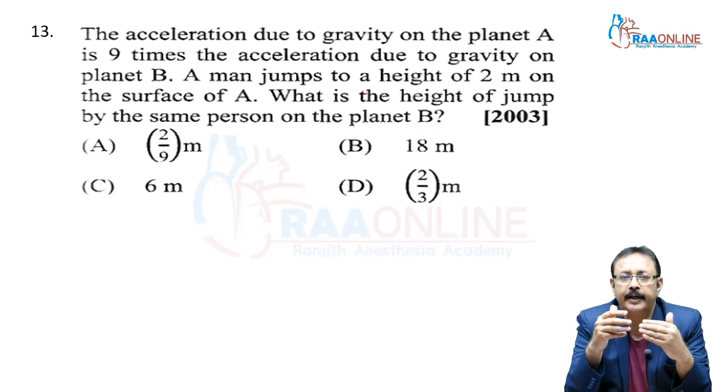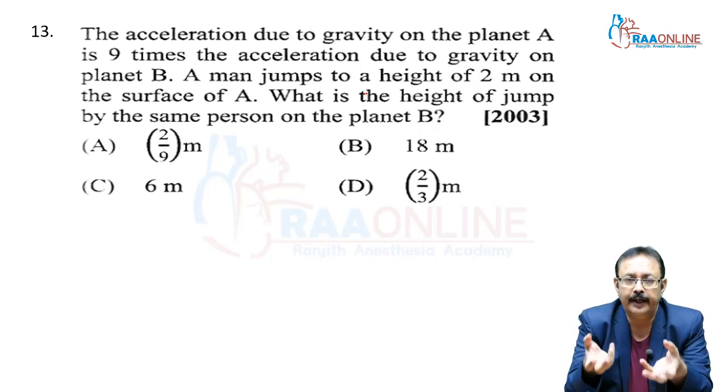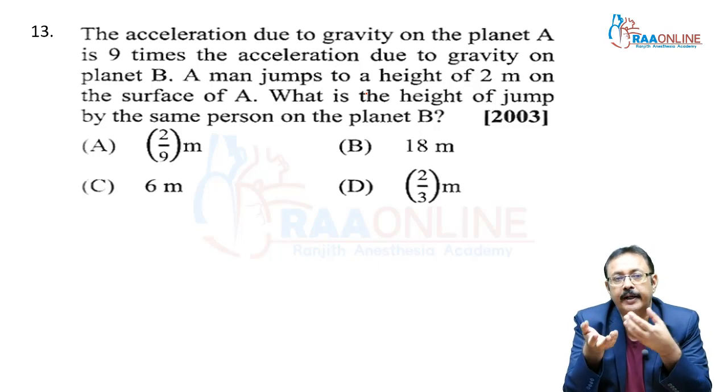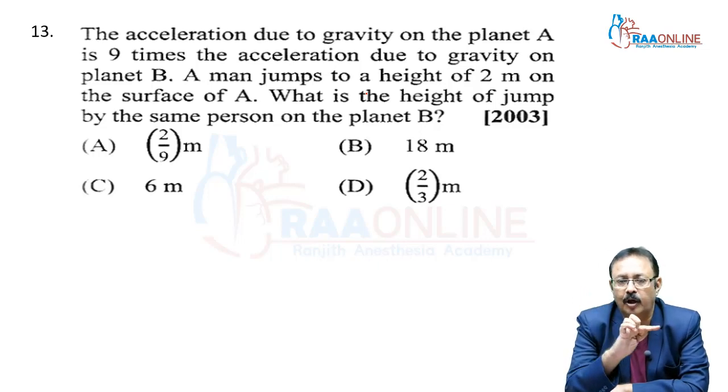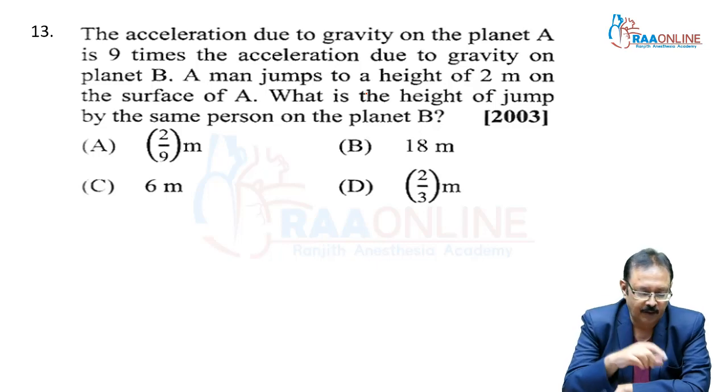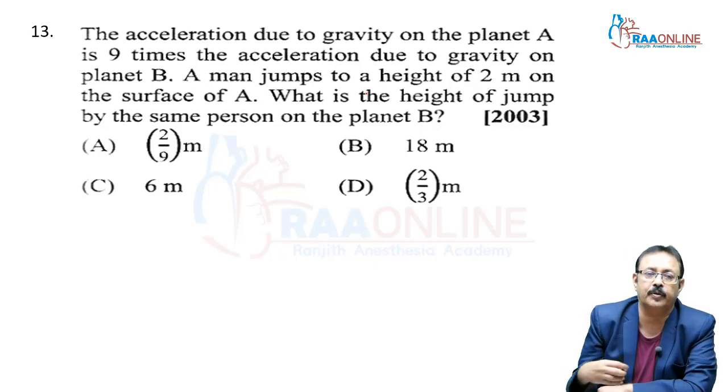You are converting your internal biochemical energy, which you got from the food, into potential energy. Suppose you jumped up to a height h, from where you gain this mgh potential energy. You used your internal biochemical energy, so you have that much energy on both planets.